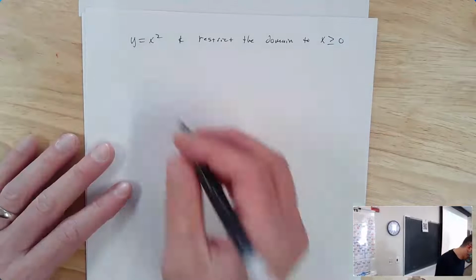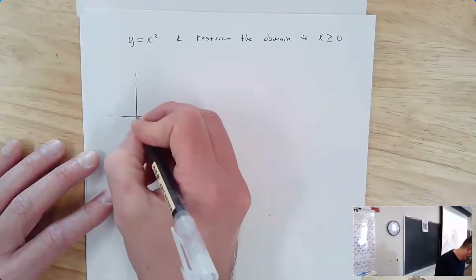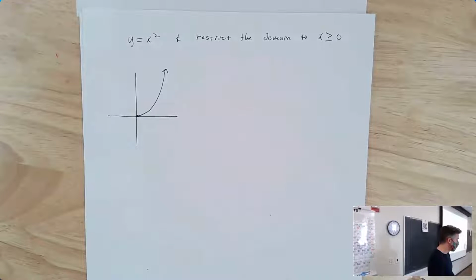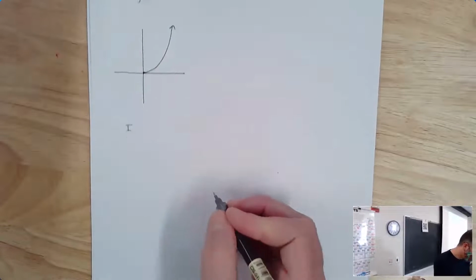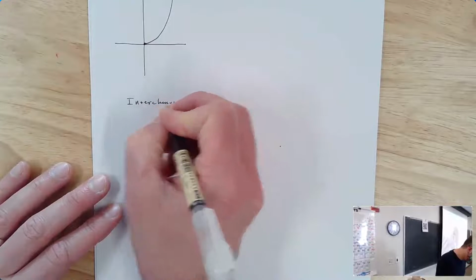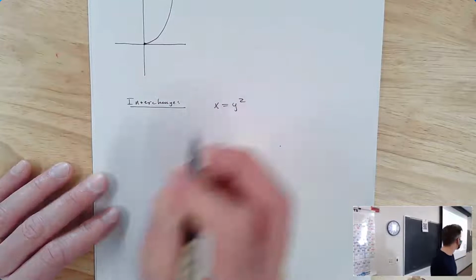So if we look at that here, now y equals x squared is going to look just like the right half, where x is greater than or equal to 0. And now if we interchange x and y, we get x equal to y squared.